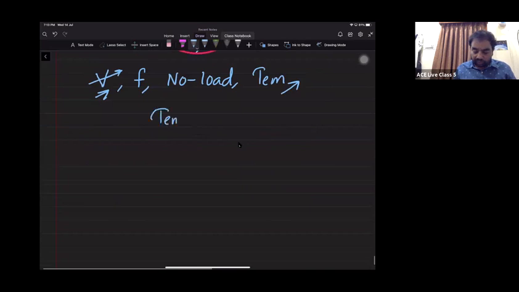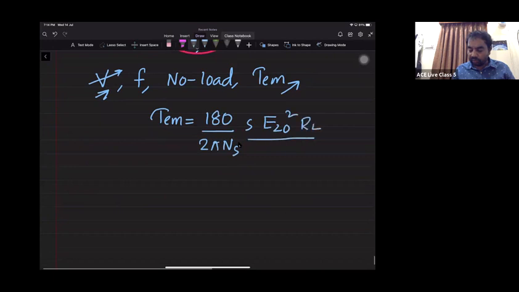The electromagnetic torque is 180 by 2 pi Ns into s E2 naught square into R2 by R2 square plus (s X2 naught) whole square. Here you can see only the voltage is varied.